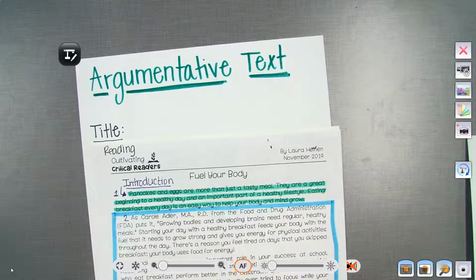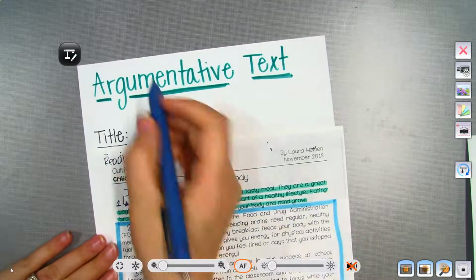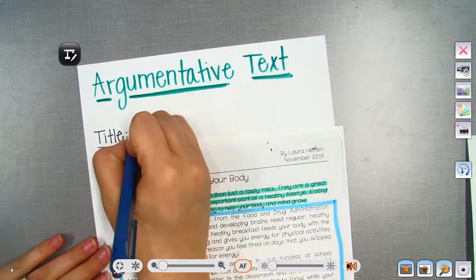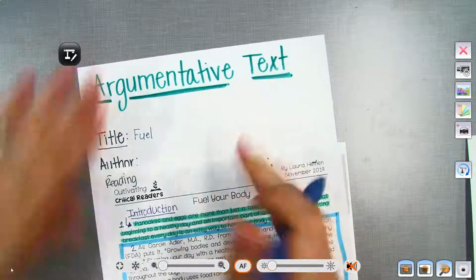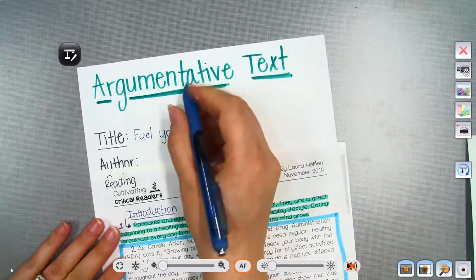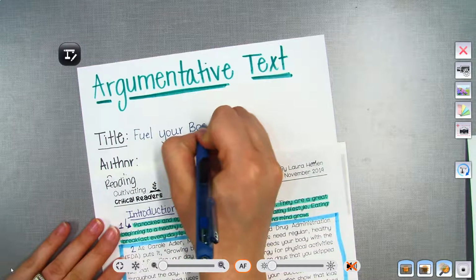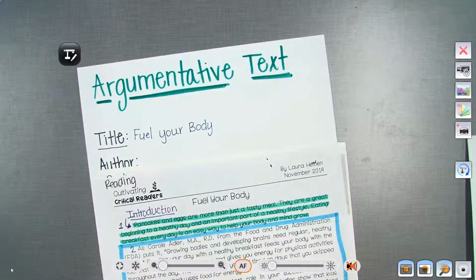Where it says title, I'm going to put Fuel Your Body. So that is our title.